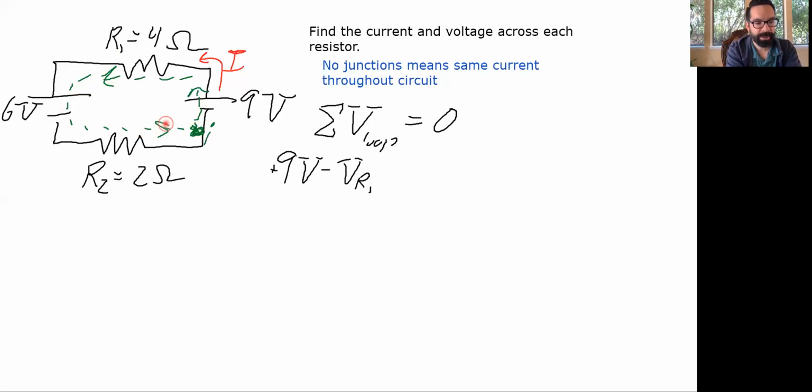Because we're going in that counterclockwise direction, we're going from that higher voltage to that lower voltage. So we would need to write this as a -6 volts. Okay, so just be careful with that. Don't assume that because you have a battery there, you're always giving a voltage gain. It really does depend on the polarity of that battery.